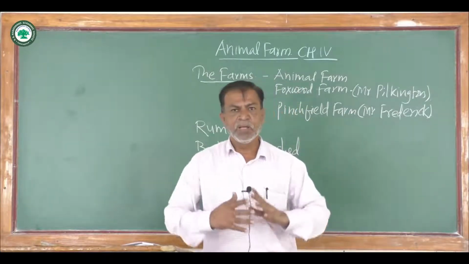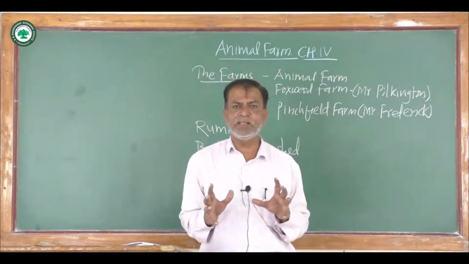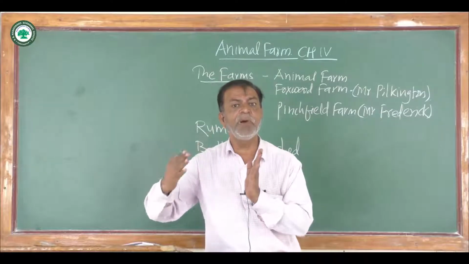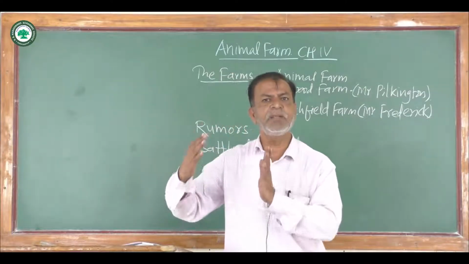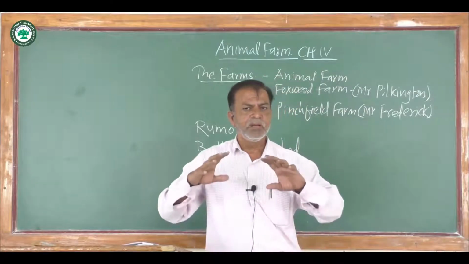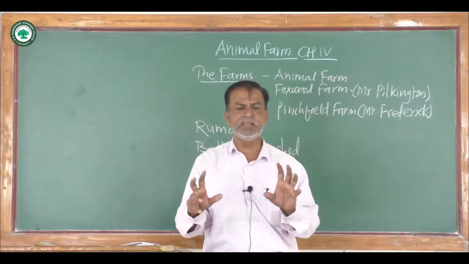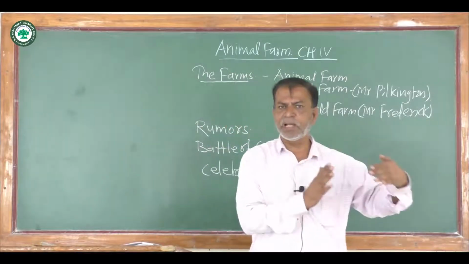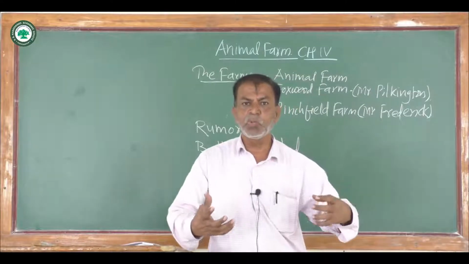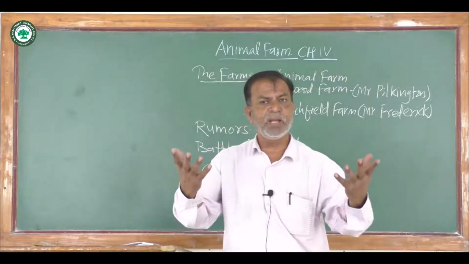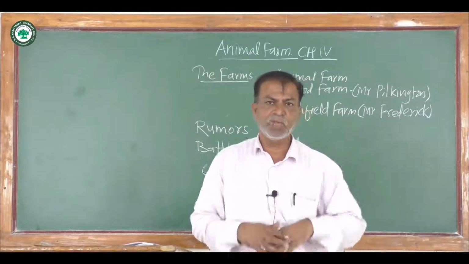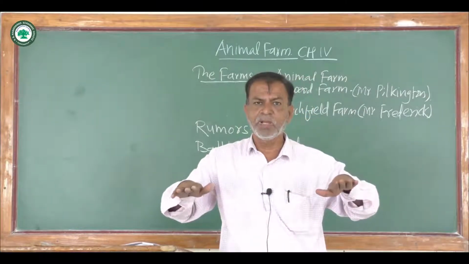And so now they are settled, and the main aim of the novelist starts with this chapter. Here, as we have already studied, old Major is dead, he is no more, but he inspired the animals to revolt against the human beings, and the animals captured this farm, and they are now settled.